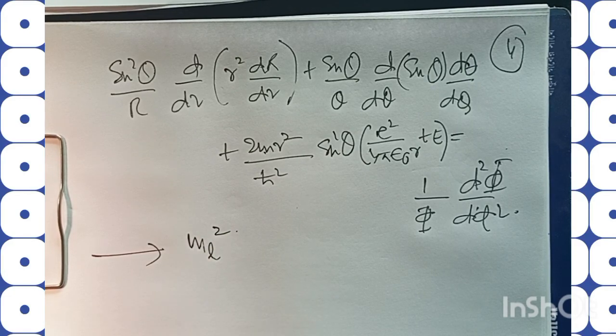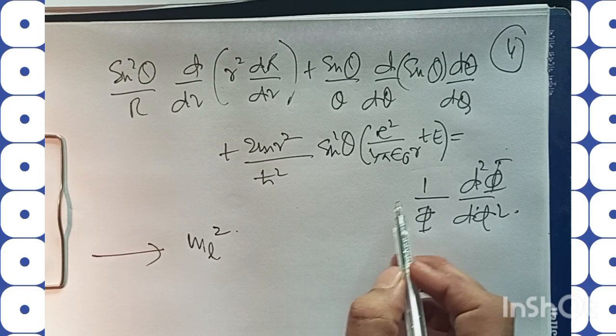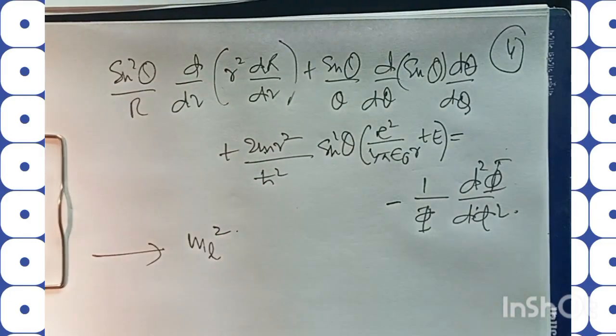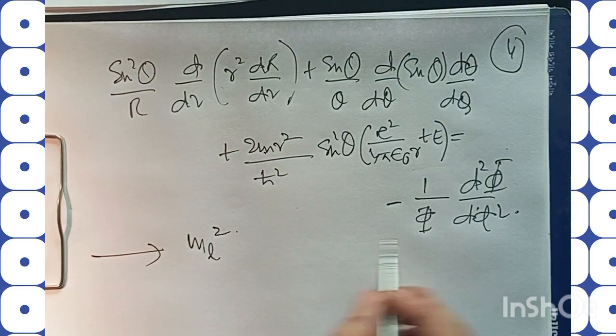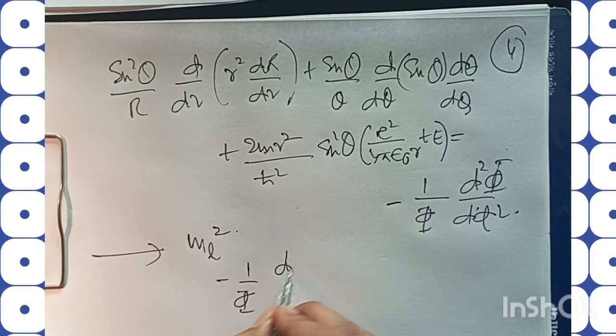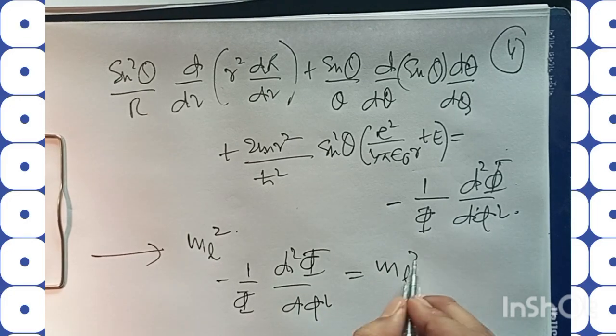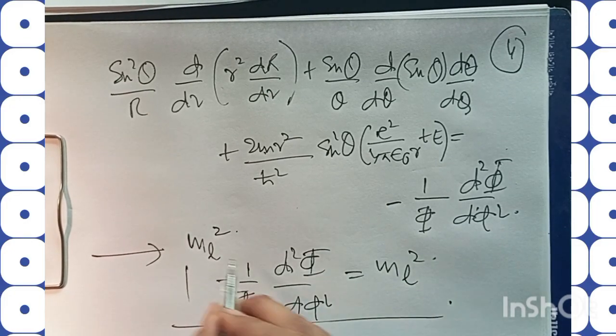And in doing so, this should be minus, because we have transferred it from one side to the other. So minus 1 by phi d2 phi by d phi 2 must be equal to ml square. This is one way of talking about it.